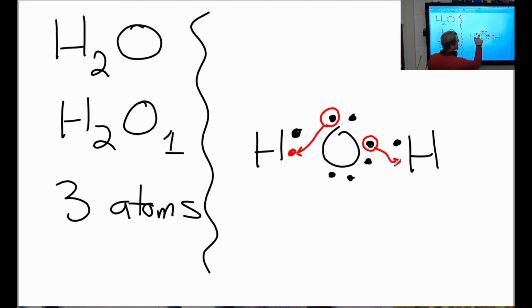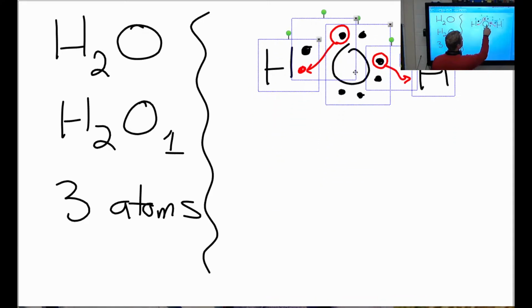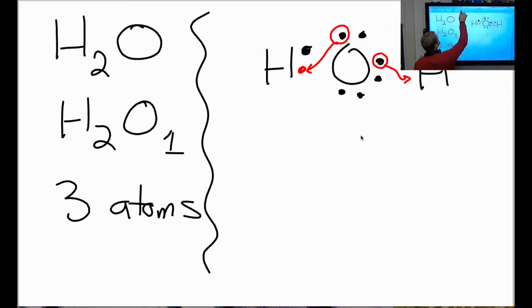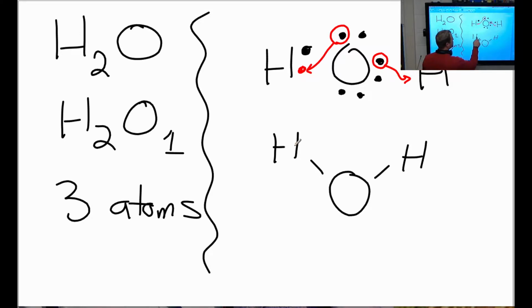And so there are these bonds that form. When it's all said and done, it will actually look something like this. You have oxygen here. You have a bond with hydrogen there. You have a bond with hydrogen here. And oxygen ends up with its 4 remaining unshared electrons kind of down near the bottom.